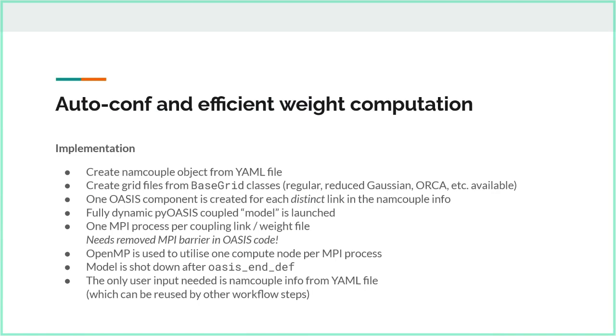So this was removed, and then parallelization works at the MPI level. You can generate more than one regridding file at the same time. Before, you had as many MPI processes as you have weight files, but they would still wait for each other. So if you remove that barrier, they all go at the same time.